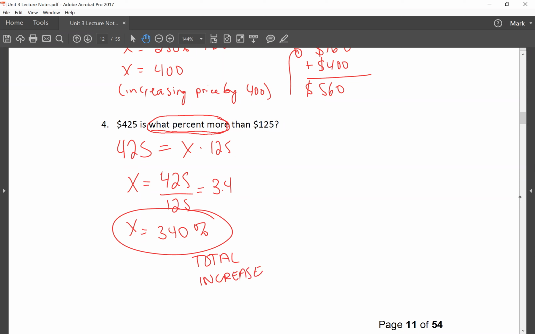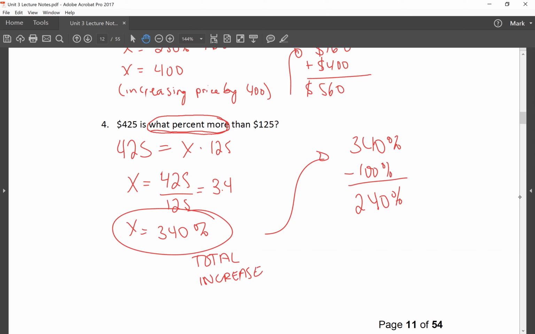But the question is saying, how much more percent is it than the original? The original price is 100%. So 340% minus the original price would give us the answer, 240%.